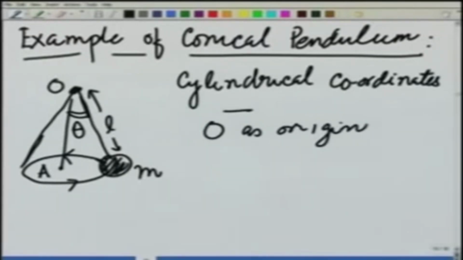In that case, the r vector for the ball is going to be given as L sin theta times r.